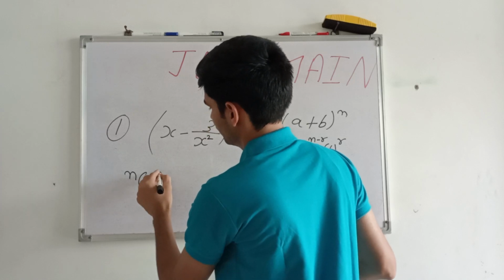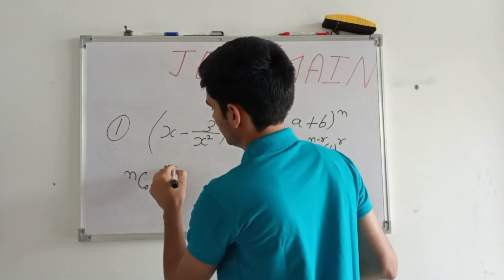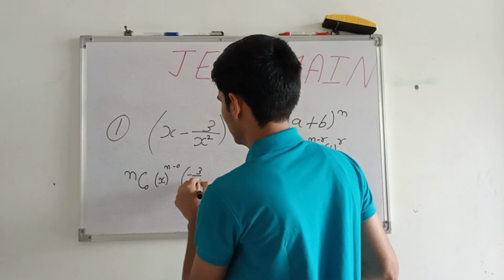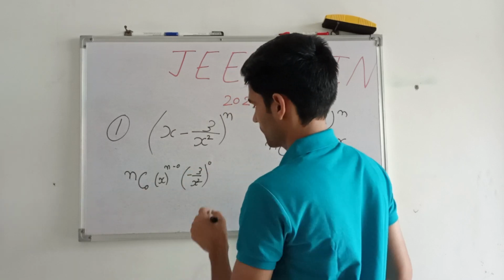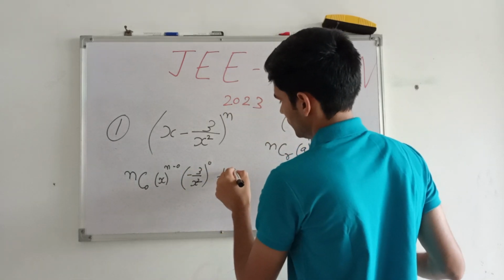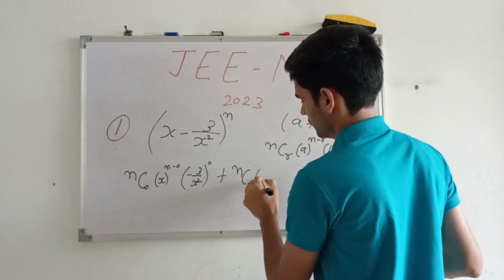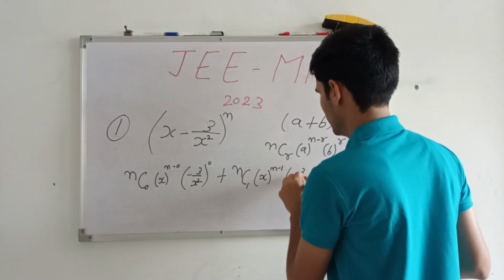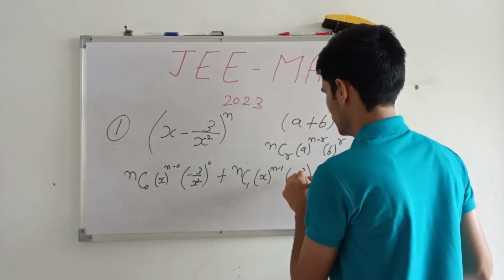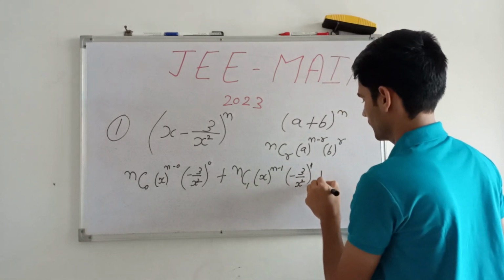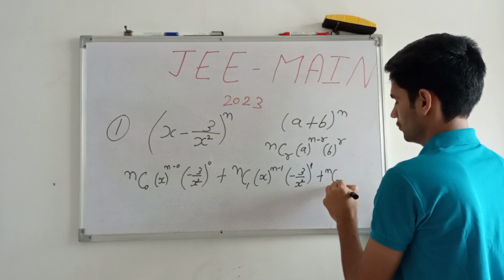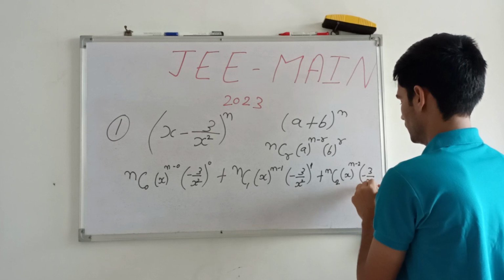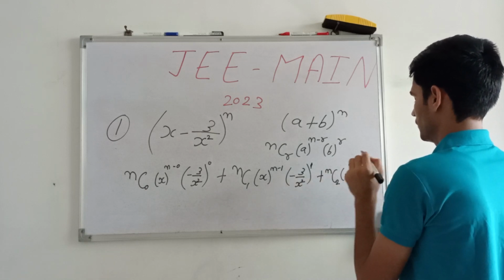nC0 x to the power n minus 0 and minus 3 upon x square to the power 0, plus second term will be nC1 x to the power n minus 1 and minus 3 upon x square to the power 1, plus third term will be nC2 x to the power n minus 2 and minus 3 upon x square to the power 2.